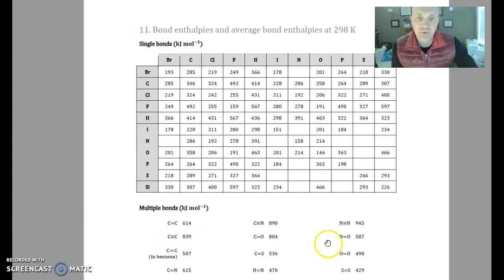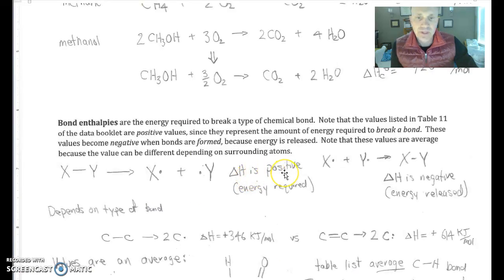If you have any multiple bonds, a lot of those are listed down here individually, and you could use those as well. But something else that you can do is, if we just take this reaction and turn it the other way, we say, let's start with the individual atoms and we make the bond. Well, when bonds are made, energy is released, and therefore the delta H would be negative.